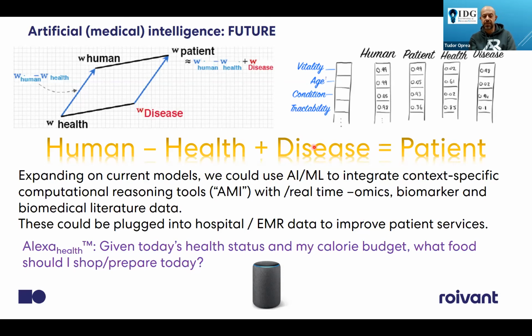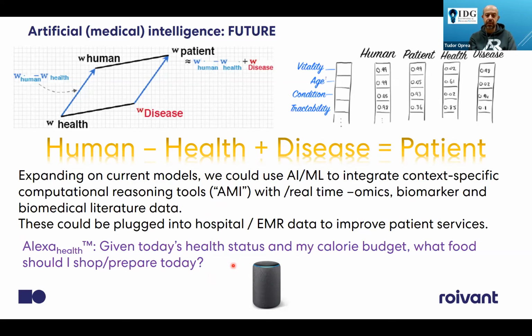We should be able to figure that out using combined data sets with omics, biomarkers, electronic medical records, etc., in real time. And one easy application that I can think of is if you have a smartwatch that tracks your health status, it can inform Alexa what you should be at least encouraged to eat on that particular day to keep your health status.